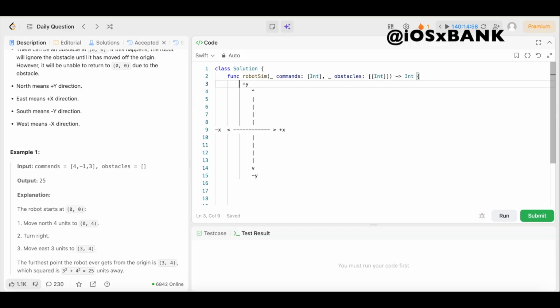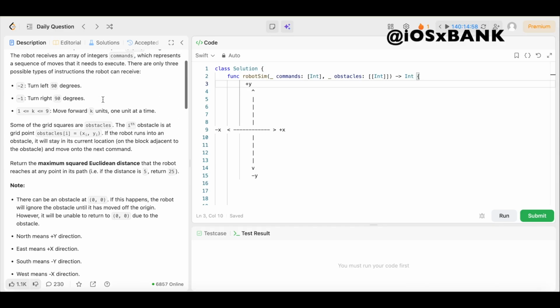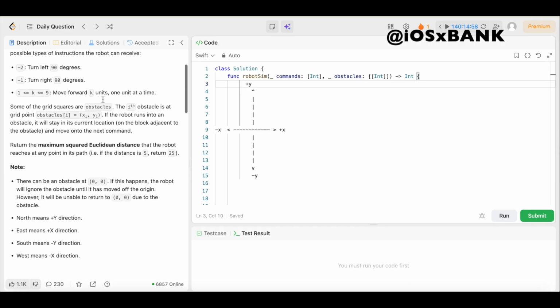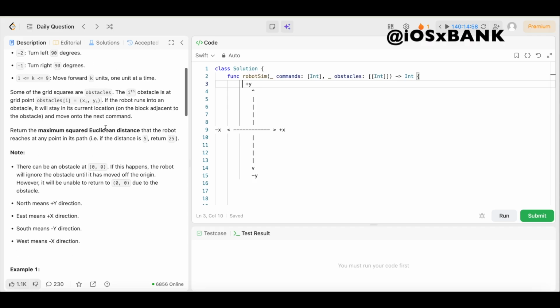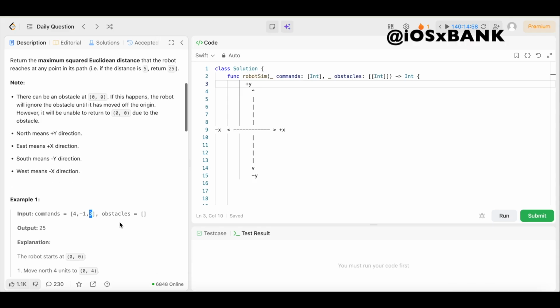So when we see a -2 or a -1, that means turn 90 degrees, and this 4 and 3 is going to push us in whatever direction we're already facing. So let's take a look at example 1 so I can show y'all what's going on.